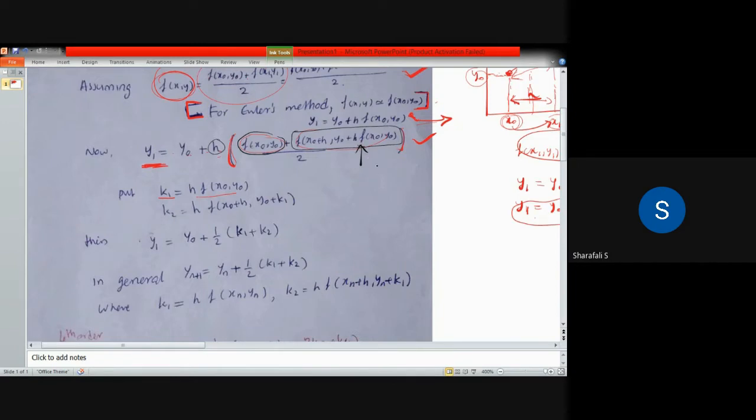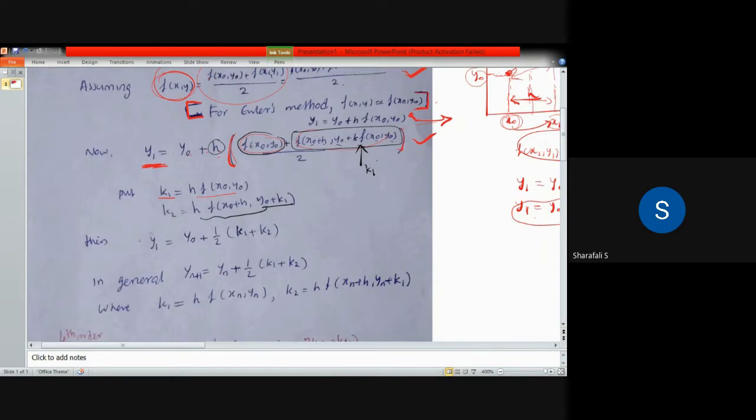If you consider this term, h into f of x0 comma y0, as your k1, then y0 plus k1 will come. So you consider this entire term as k2.